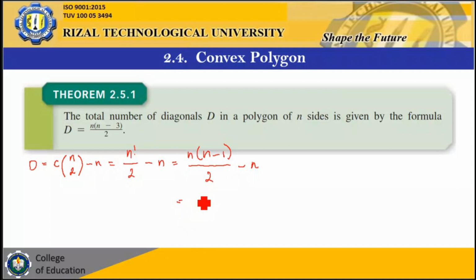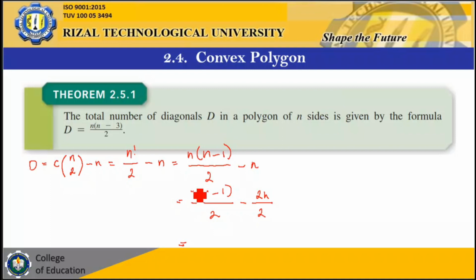Then what we have here is n times n minus 1 all over 2 minus, this is 2 divided by 1, the denominator is 1, 2 divided by 1 is 1 times n is 2n. And we already have similar fractions.